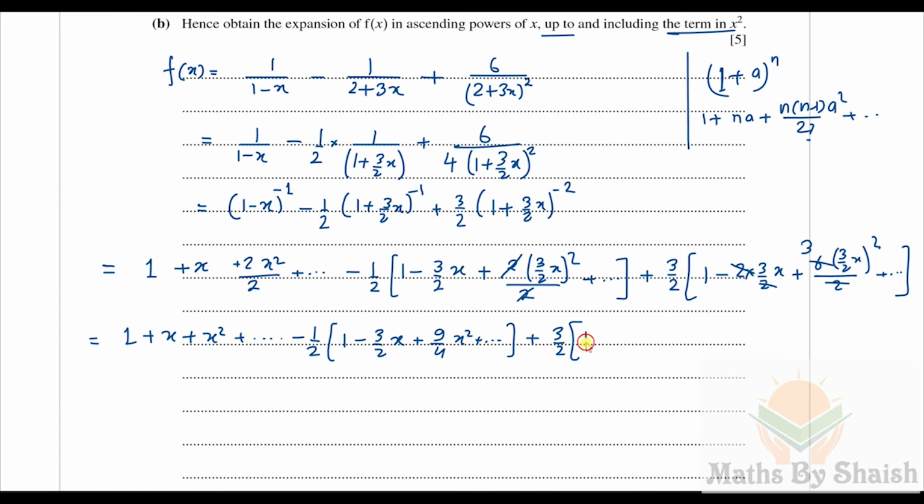It is 3, and we got 1 minus 3x plus 3 into 9, that is 27 over 4, x square, plus and so on. So we'll collect them all, and it is 1 minus 1 by 2 plus 3 by 2, is 2, plus the x coefficient, it is 1 here, and it becomes plus 3 by 4, 1 plus 3 by 4 is 7 by 4, and then it is going to be minus 9 by 2.